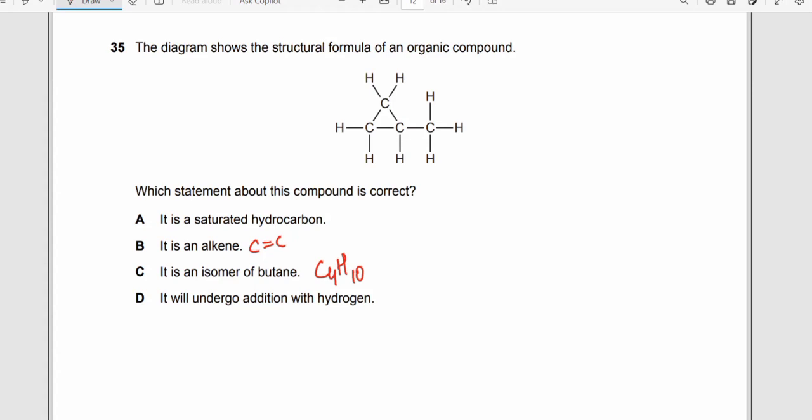C4, but H is 1, 2, 3, 4, 5, 6, 7, 8. How can it be an isomer? It doesn't have the same formula. So it is cyclic, something else. It will undergo addition with hydrogen? No addition, because for an addition reaction there must be a carbon-carbon double bond. So it is a saturated hydrocarbon. Yes, it is a saturated hydrocarbon.